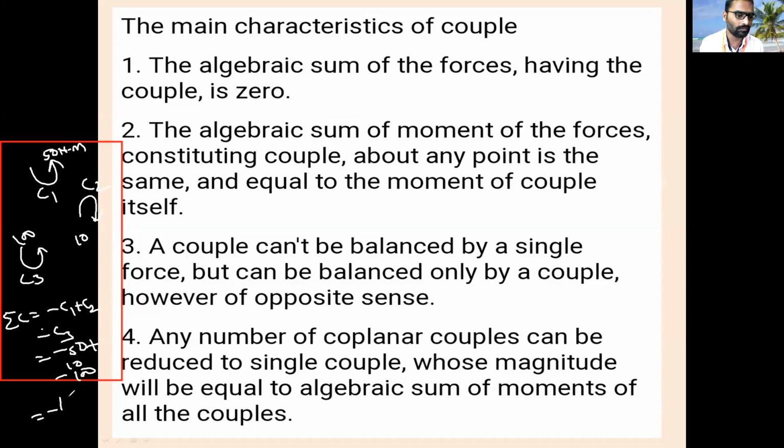Minus 140. So the magnitude is the same, but don't worry about the direction. That is what he is saying: any number of coplanar couples can be reduced to a single couple whose magnitude is equal to the algebraic sum of moments of all the couples. Here he is taking the algebraic sum.